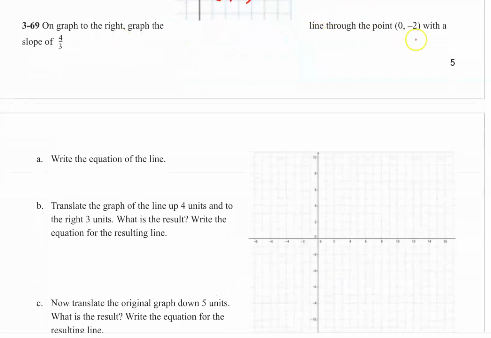We're going to graph the line through the point with that slope. So let's put this point on there first, 0, -2. And then here's our slope. That's up 4 over 3. Up 4 over 3.